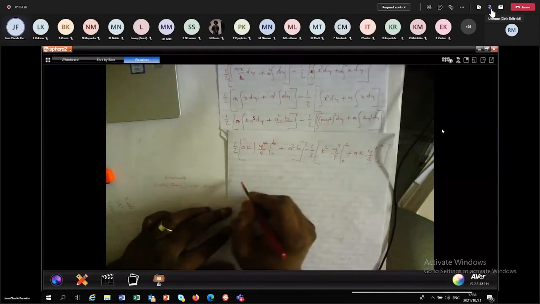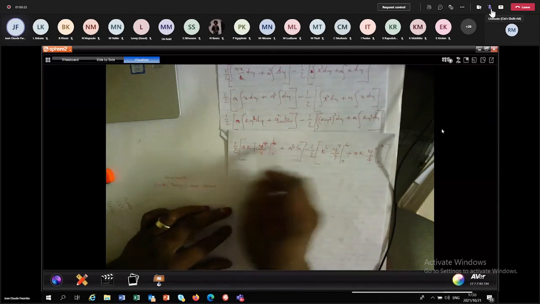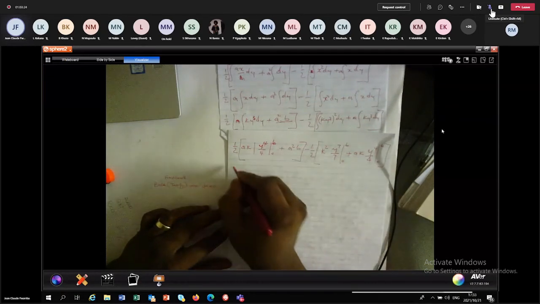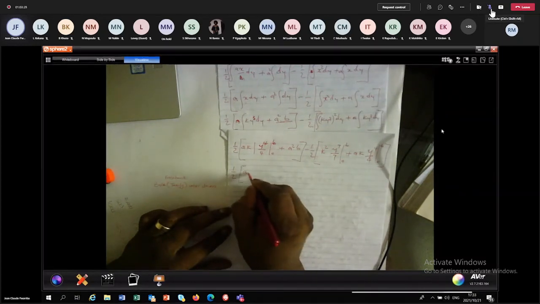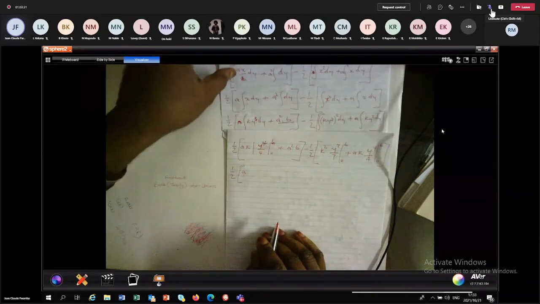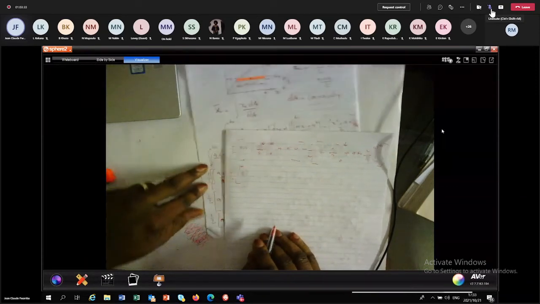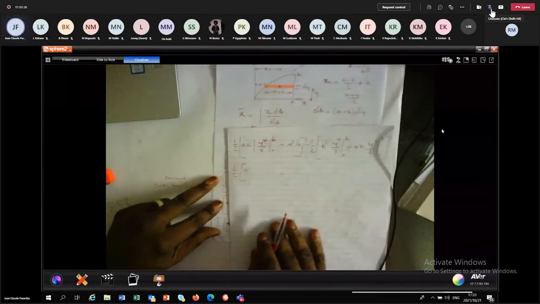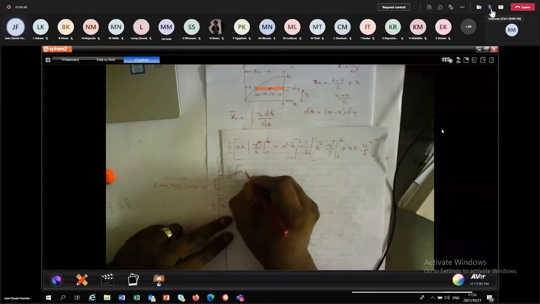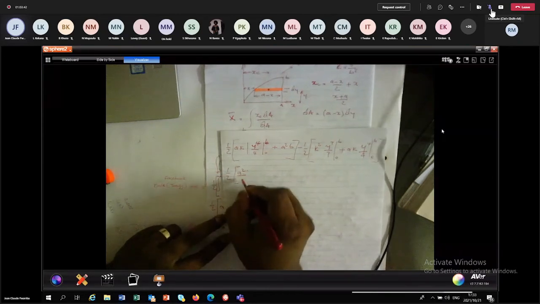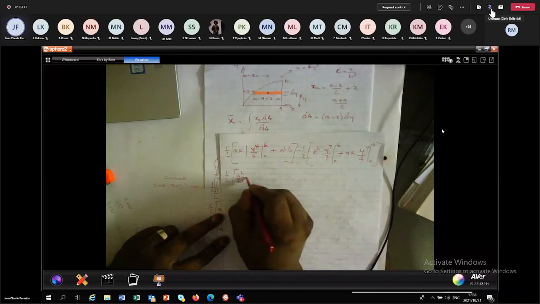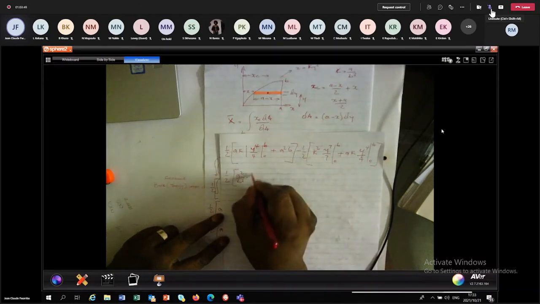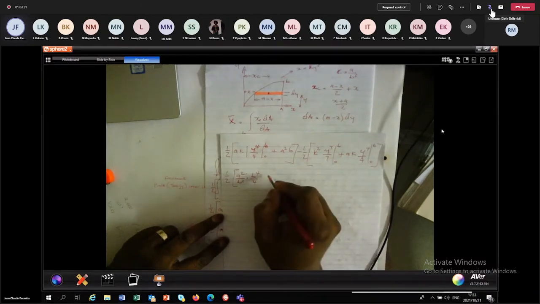Now let me consolidate what's in the bracket. A k, the value of k, remember, was a over, we've got it somewhere here, the value of k. So it will be a squared over b cubed times b to the power 4 over 4.